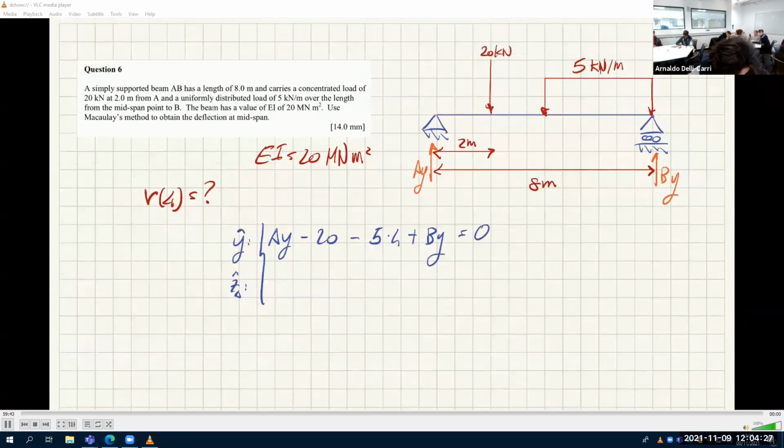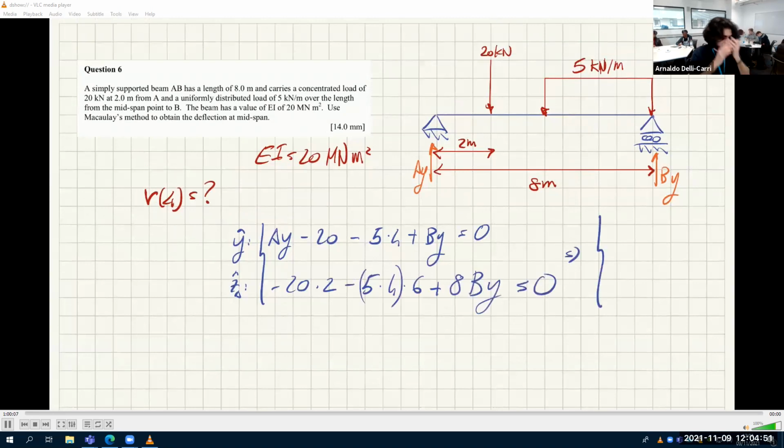And this is: minus 20 times 2, minus 5 times 4 times, this is applied here, which is 6 meters away, plus BY times 8 equals 0.